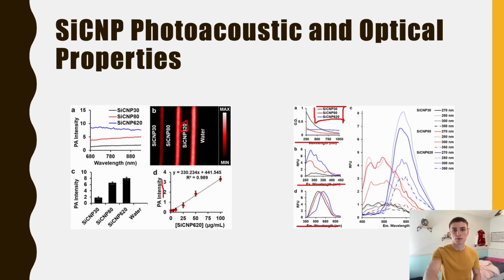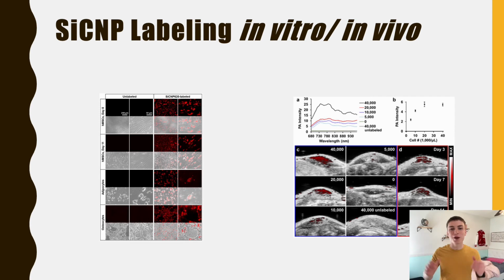Now, this is where the experiment gets super cool, because this is where we can actually see the fluorescent properties that the silicon carbide nanoparticles possess. So in the left figure right here, we have different types of cells, including the labeled human mesenchymal stem cells. Those are the top two rows right here.